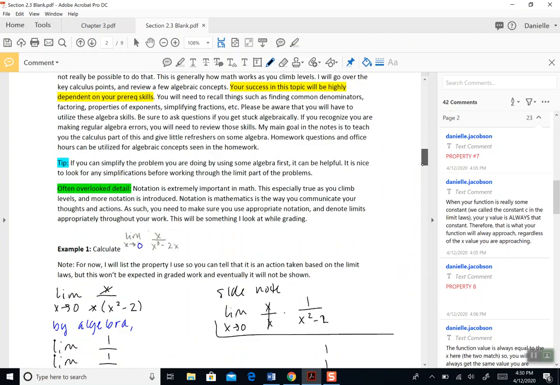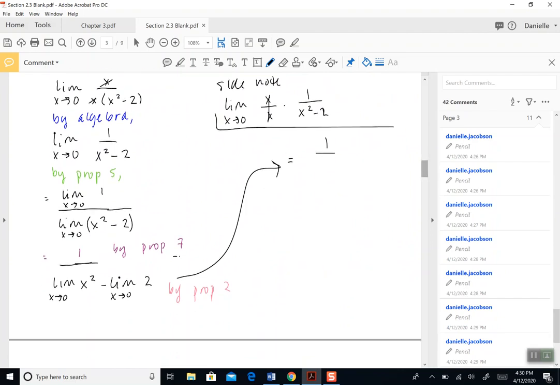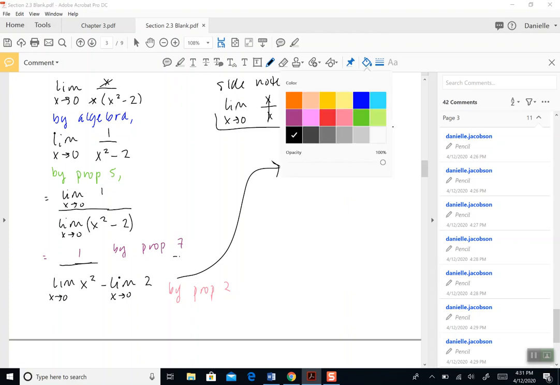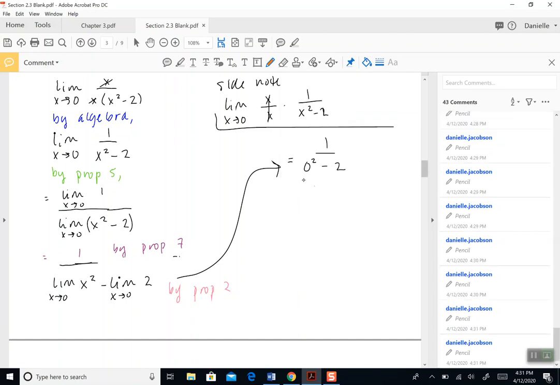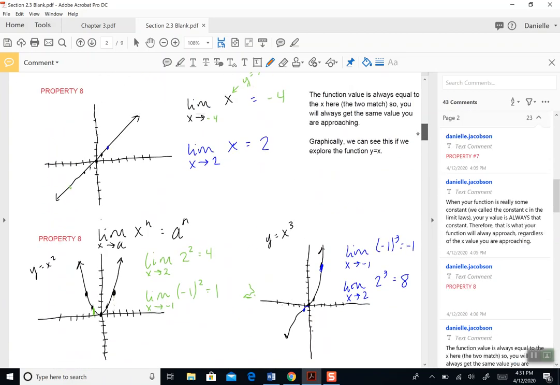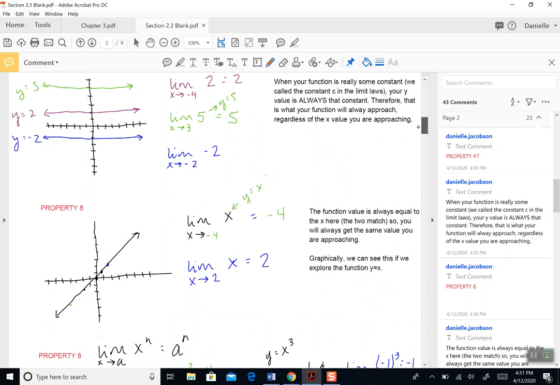So this is equal to 0 squared minus, and again we have property 7 because we're going to a constant, so minus 2. In this step, this was property 8, discussed above.